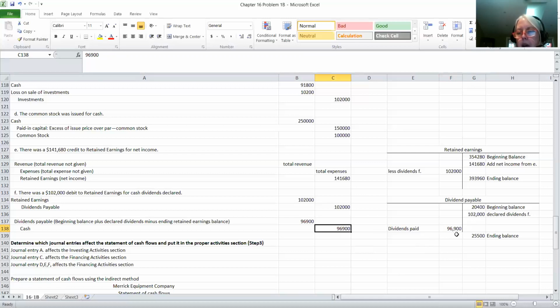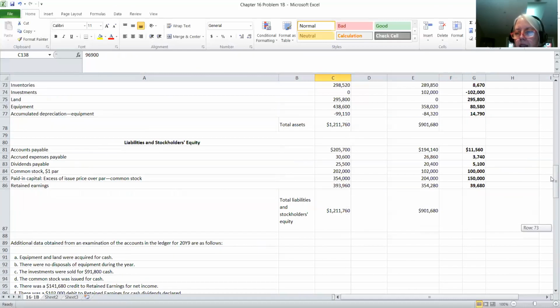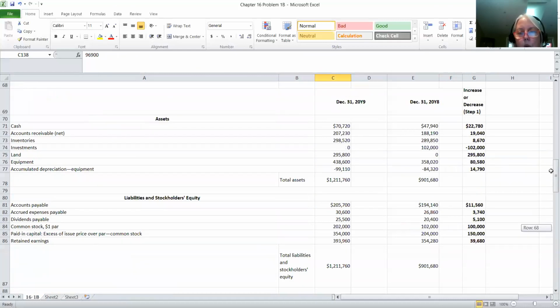Our dividends payable will be reduced on the debit side because you're reducing the liability account. And then when you add these two together and deduct this, it will leave you with the ending balance that they've given you on the balance sheet for dividends payable. This ending balance is right here at 2000 Y9.